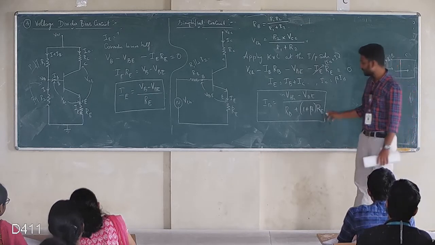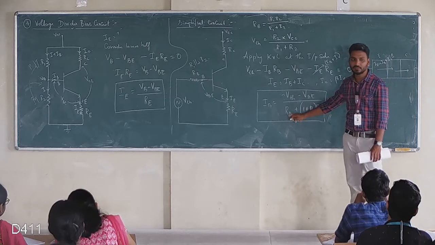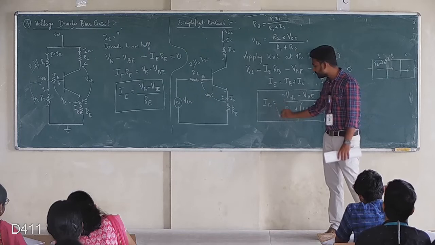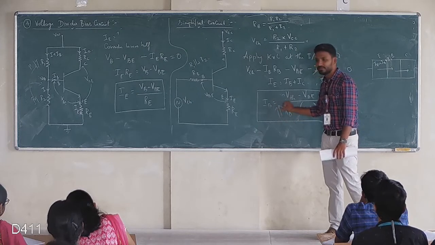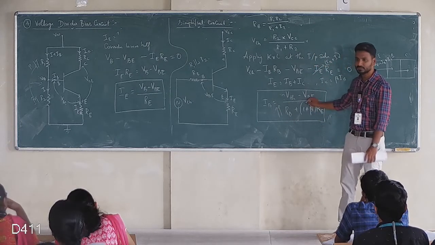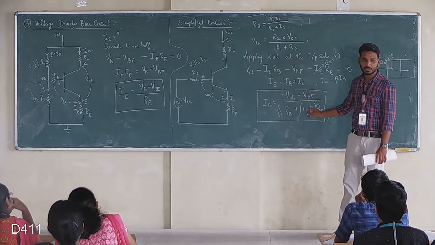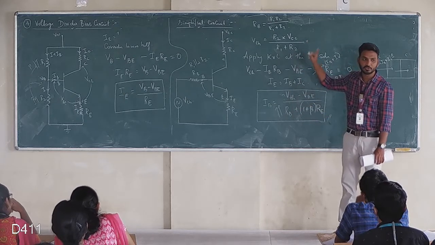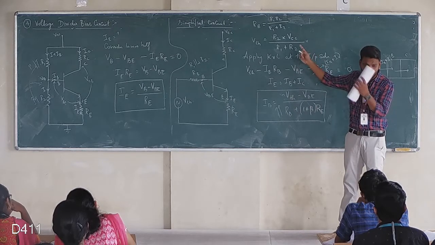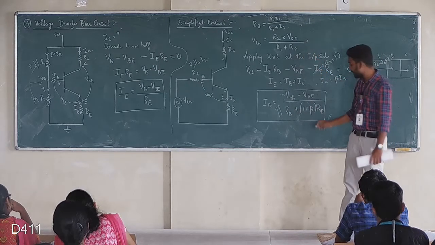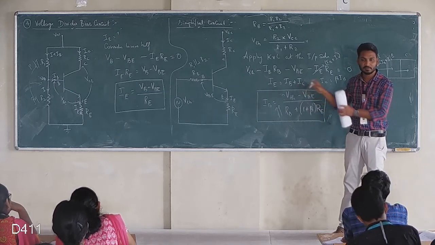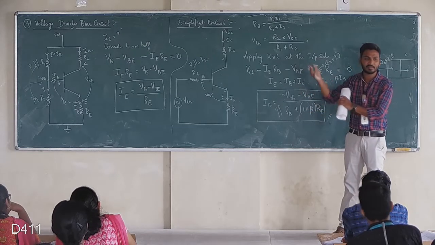For example, I'm going to add this value with RB. When I take RB as very high, we can neglect this term. RB is nothing but the combination of R1 and R2. By changing the values of R1 and R2, we can change the value of beta. This is the difference between this circuit and the other three circuits.